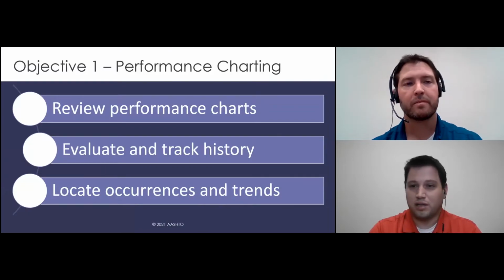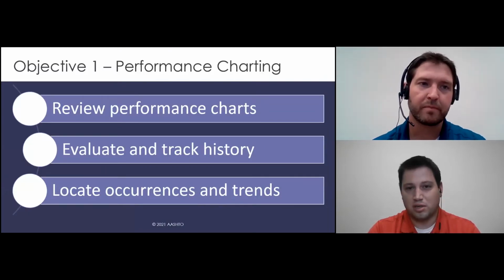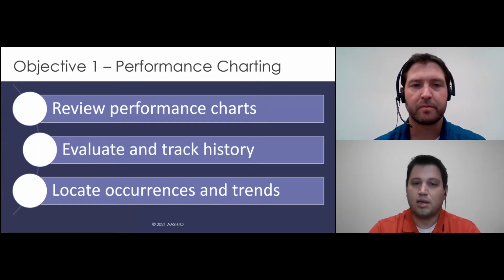Our first objective is going to cover the performance charts that we include with every analysis. We're going to show what's included with those, how to evaluate the charts, how to use them to track history, and then how to use them to locate occurrences and trends within your testing.